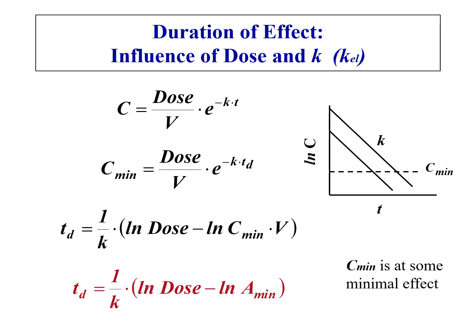So semi-log, it shows slope being K, and the C-min on the graph would be the concentration at some minimal effect of the drug. So what you would expect to happen then is that bigger doses, the upper curve, would increase the duration of response. So he showed that that was proportional to log of dose.